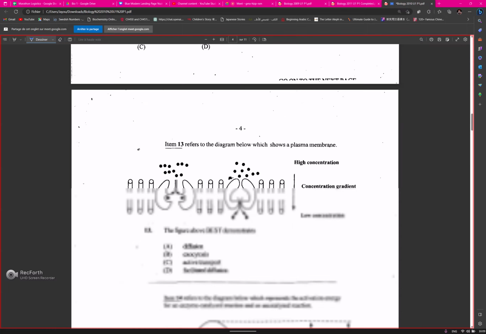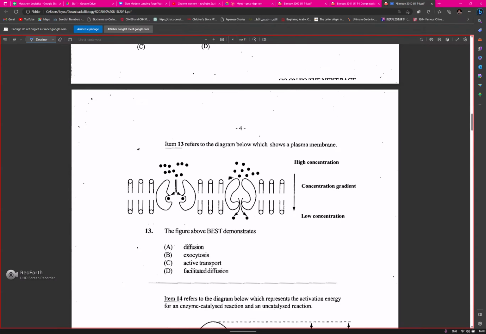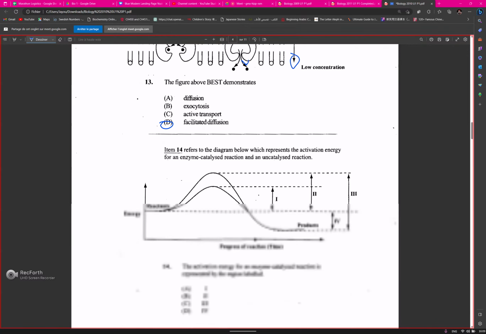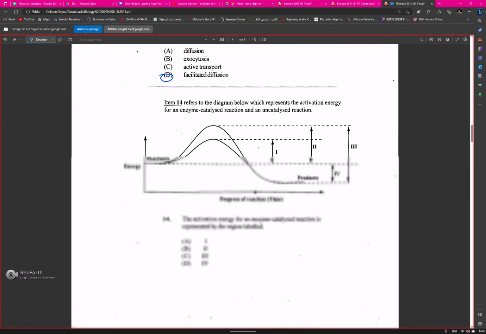Sometimes it's just annoying. The figure above best demonstrates facilitated diffusion. Remember, look at the arrow and look at where these things are going. Alright. So the activation energy for an enzyme catalyzed reaction is represented by the region labeled... What is the activation energy?